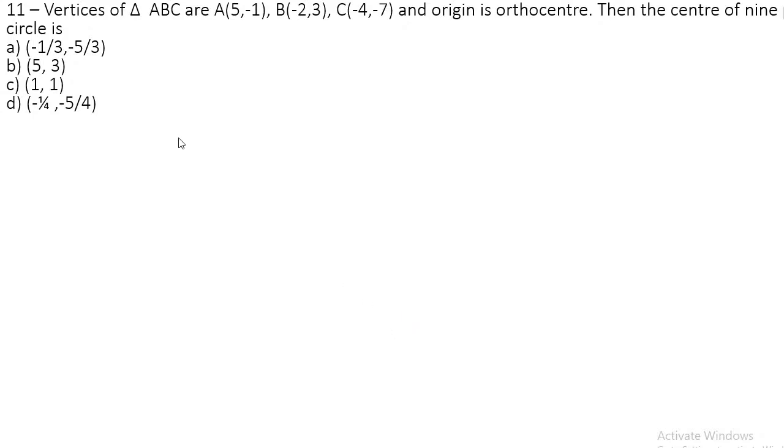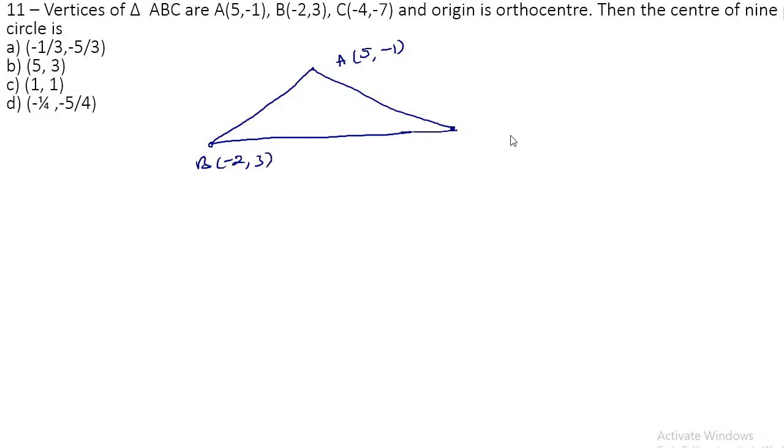Vertices of a triangle are A (5, minus 1), B (minus 2, 3), C (minus 4, minus 7), and the origin is the orthocenter.